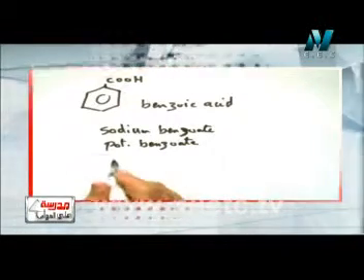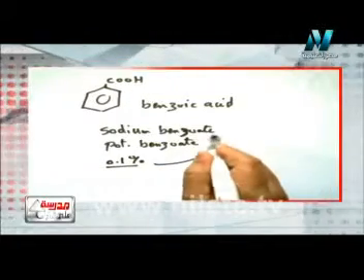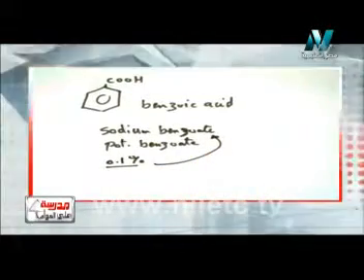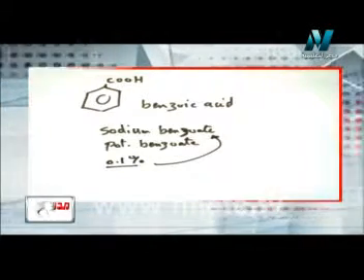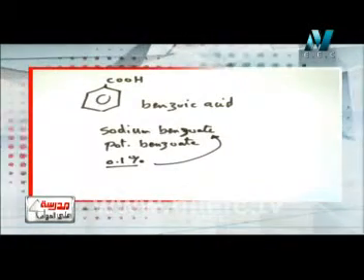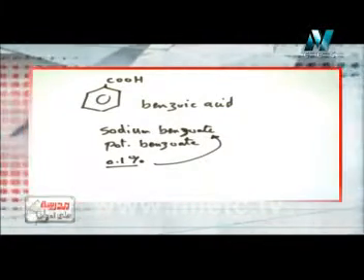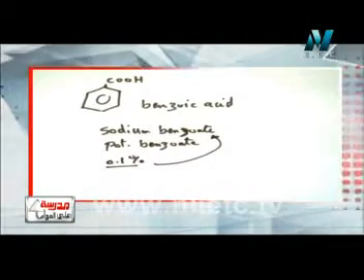When we use 0.1% sodium benzoate, it can be used in preservation of food, because it prevents the growth of fungi or kills fungi. So we use it in preservation of food. This is about benzoic acid and the salts of benzoic acid.